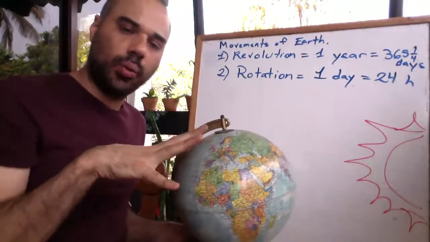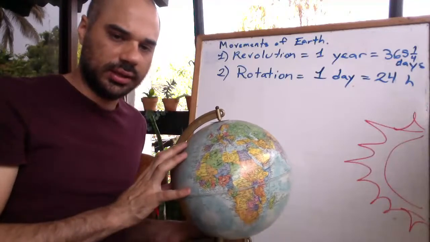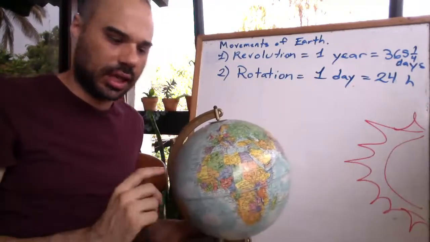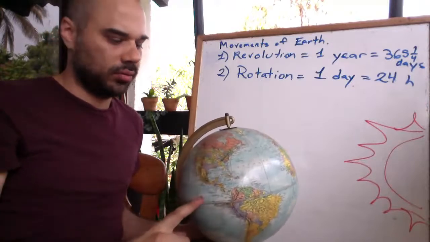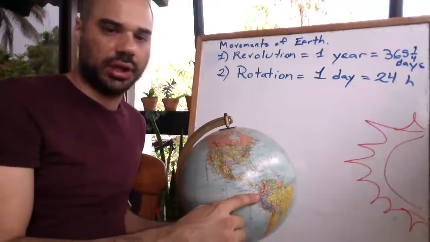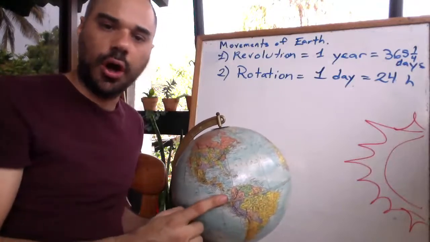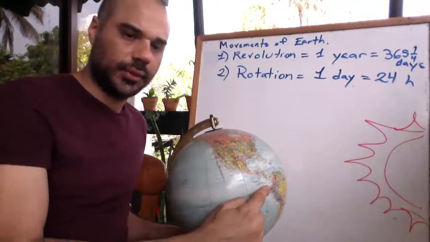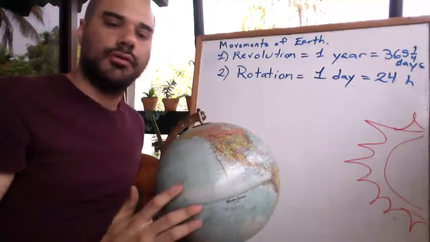That is why when on one hemisphere it is the night, on the other hemisphere it is the day. And as we go back to the sun, we eventually get daylight, which is called dawn. Okay, and that's it. This is the movement of the Earth forever and ever.